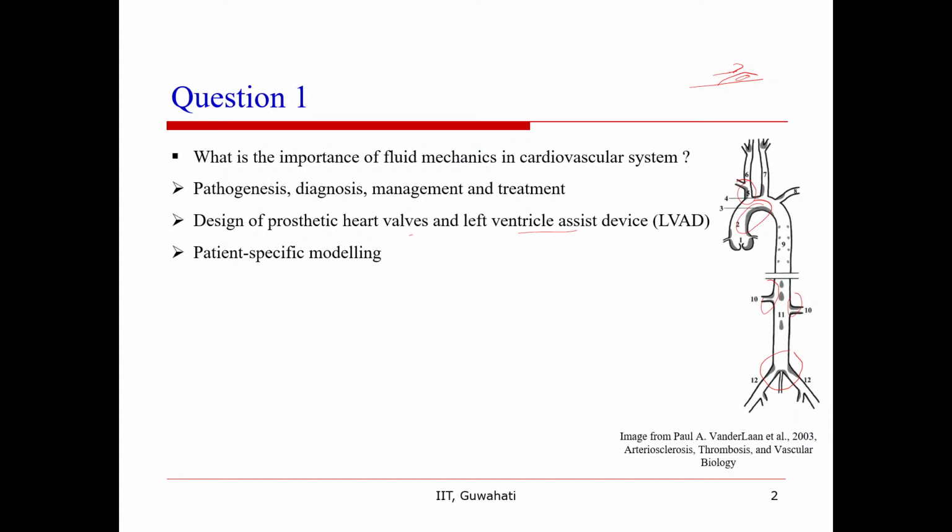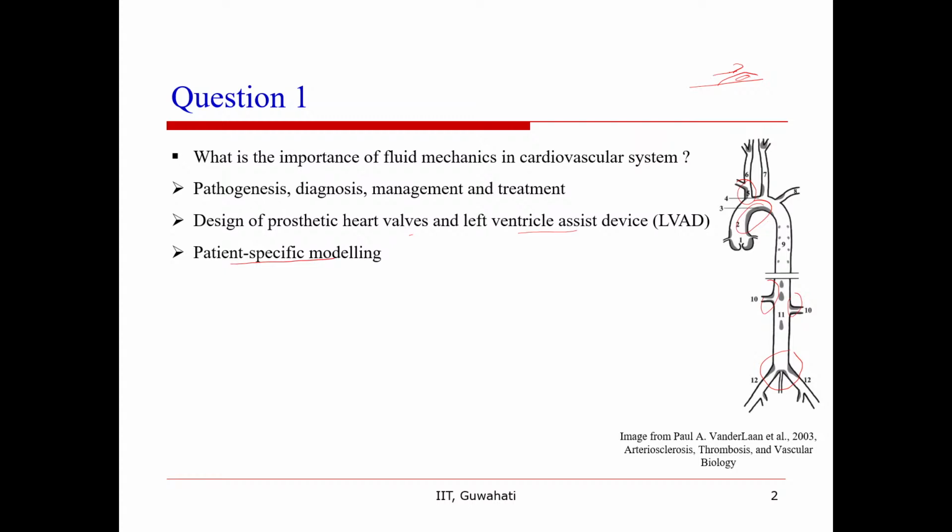Again, this is important. Then another new and emerging area, which many people have been working on for the past 2 decades or so, is patient-specific modeling. The geometry of the arteries, for example the carotid artery, which supplies blood to the brain and face, or the coronary arteries, which supply blood to heart tissues, is different in different persons depending on their age, health conditions, gender, race, and geographic location as well.